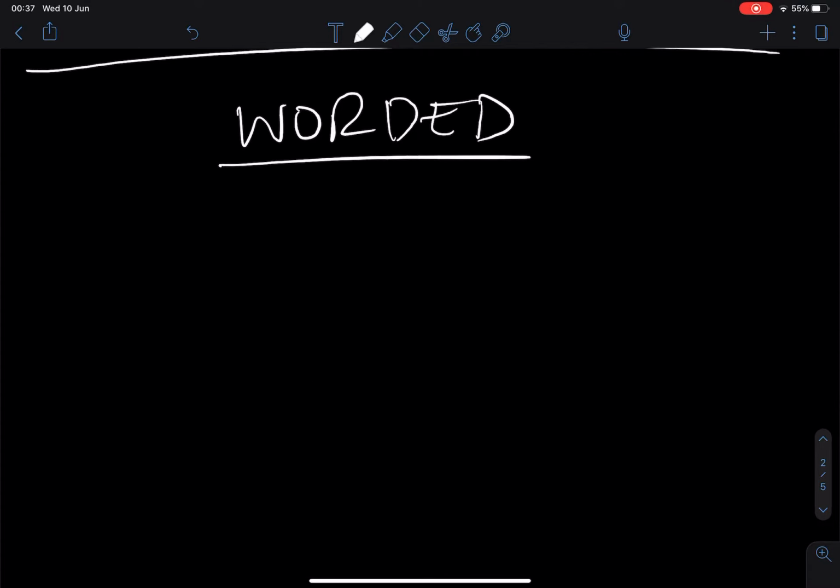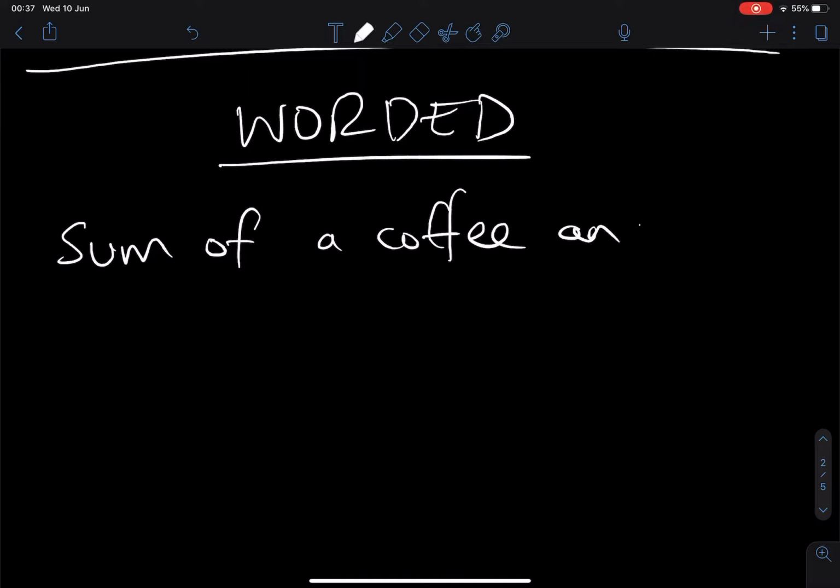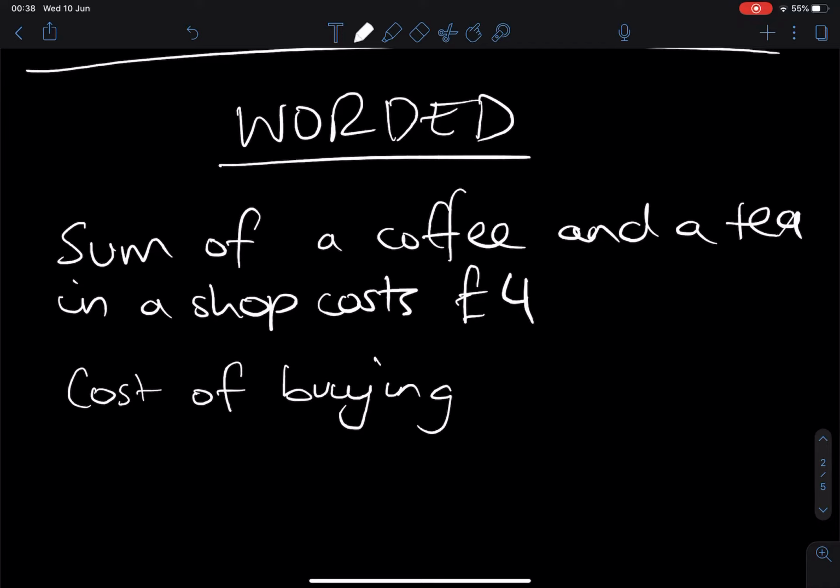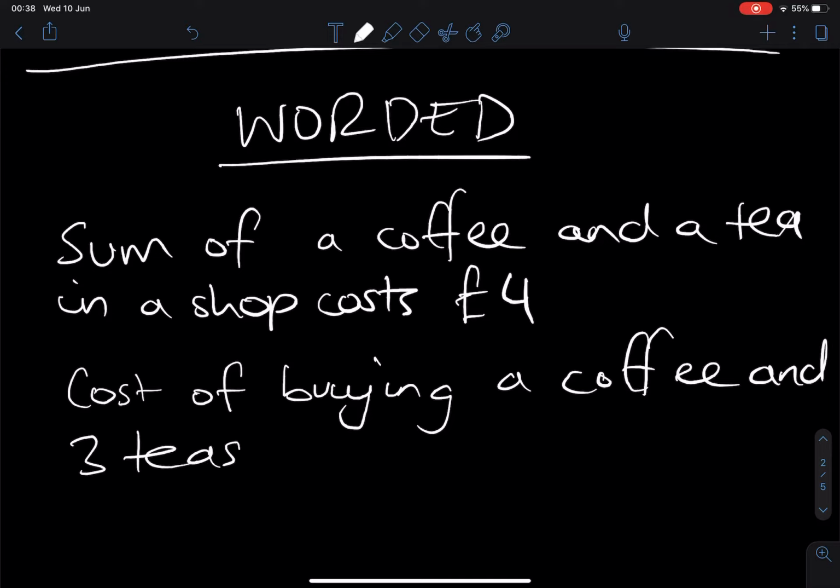Just to give you an example, what I can say is: the sum of a coffee and a tea in a shop costs £4, and the cost of buying a coffee and 3 teas in the same shop is £7.